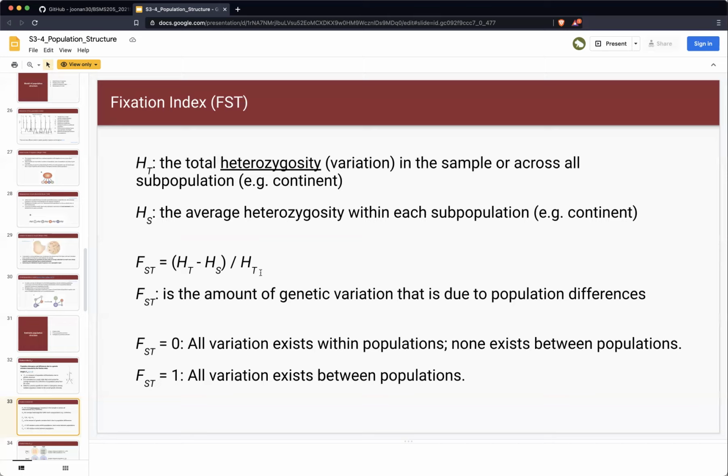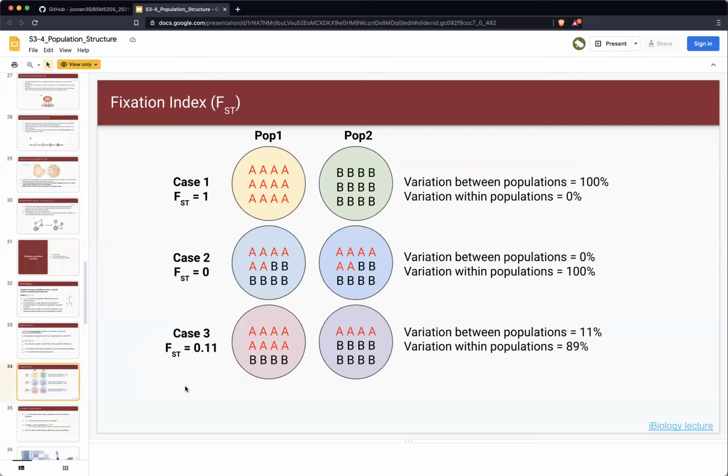So if the heterozygosity is the same between these two populations, then you end up with a zero fixation index, right? In that case, all variation exists within a population and none exists between populations. But if the fixation index equals 1, then all variation exists between populations. That means the two populations are totally different, right?